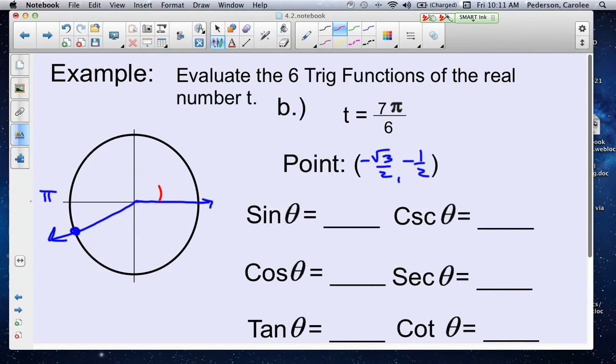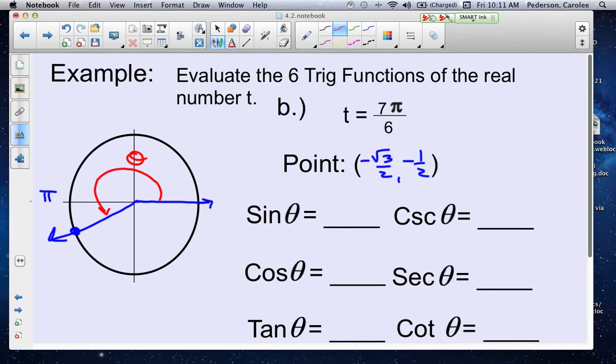Give you some time to take that in. What's the sine? -1/2.